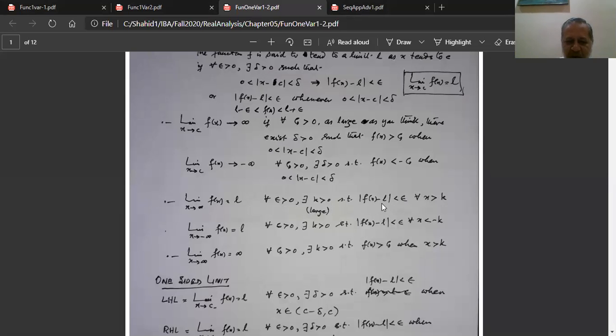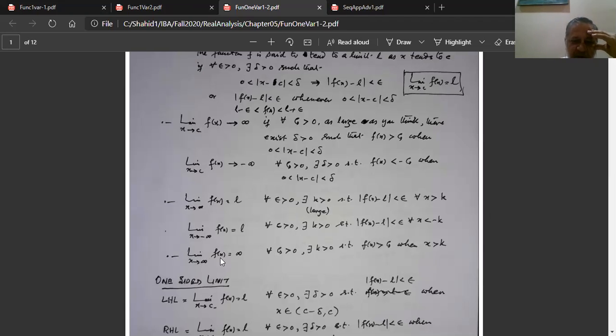That means image values are within the neighborhood of L for every x which is very, very large. Similarly, when x approaches minus infinity, we can write a similar sentence, but with negative large number. When x is very, very large but negative, the function values are found in the neighborhood of finite point L.